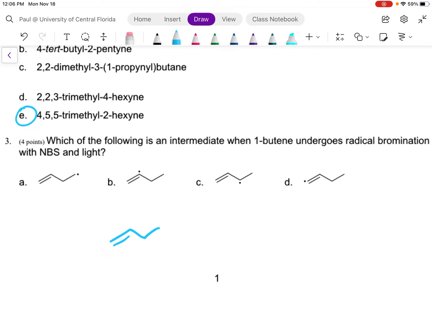And when we have NBS, that's going to generate a bromine radical, which is then going to be used to abstract the allylic hydrogen. So let's actually draw it like this. Like that. So following those red mechanistic arrows there, answer choice C would be the correct answer.